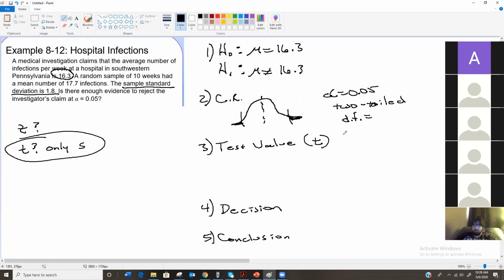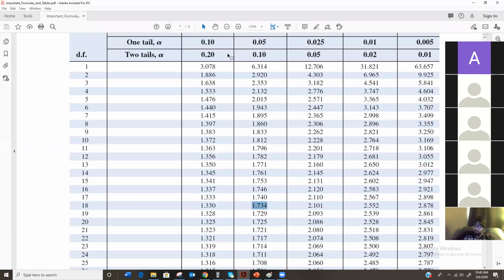DF, which is what in this case? 9. Because the sample was 10, so the degrees of freedom is 9. So it's 10 minus 1. So we have to look up alpha 0.05, two-tailed, degrees of freedom 9. Okay, so here's two-tailed 0.05, degrees of freedom 9. There's our number.